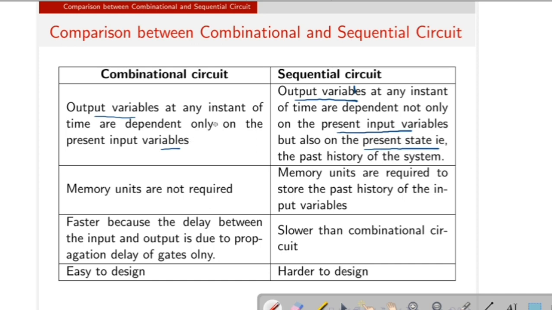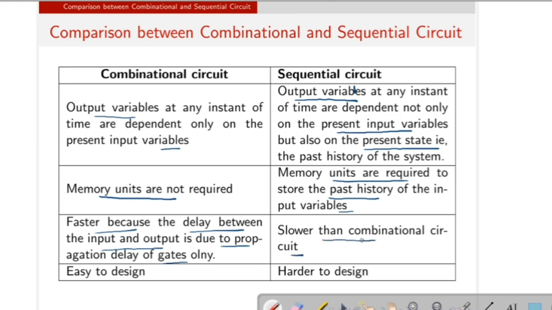Right? Then the second difference is, in the case of a combinational circuit, no memory units are used. But in a sequential circuit, memory units are used to store the past history of the input variables. Right? Then combinational circuits are faster because the delay between the input and output is due to the propagation delay of gates only. But sequential circuits are slower than combinational circuits.